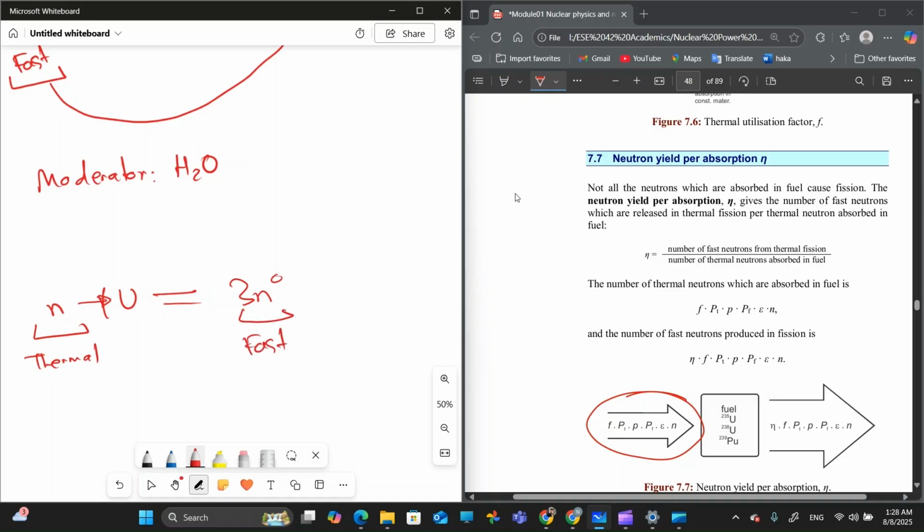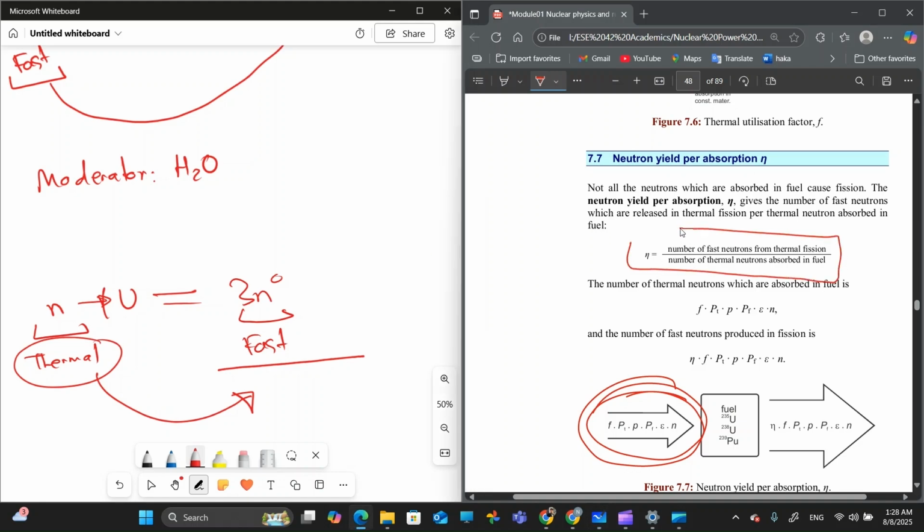So here the incoming neutrons, a part of these neutrons take part in fission reaction and they create fast neutrons. So the ratio of the newly created fast neutrons to the number of the thermal neutrons that actually took part in fission is called neutron yield per absorption. So you can see the formula from here.